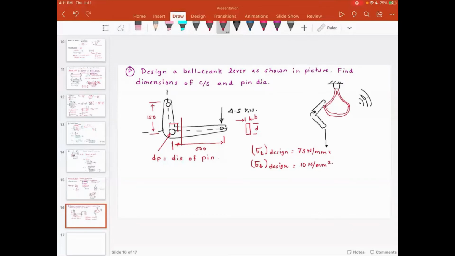With this information, we have to design this lever. If you think about this lever, it can be approximated as a cantilever beam. So sigma B is equal to M divided by I multiplied by Y.